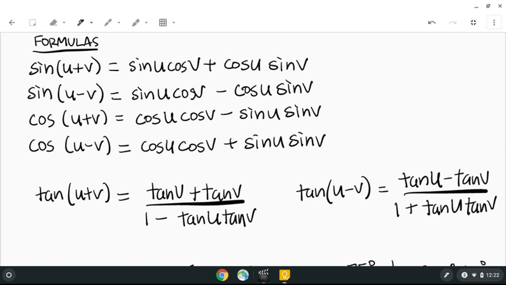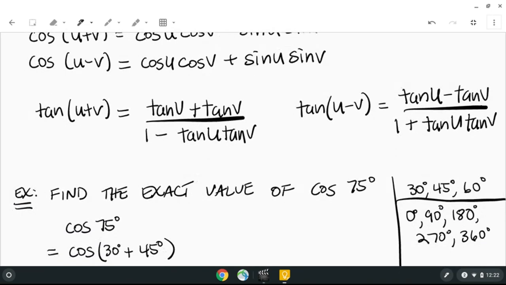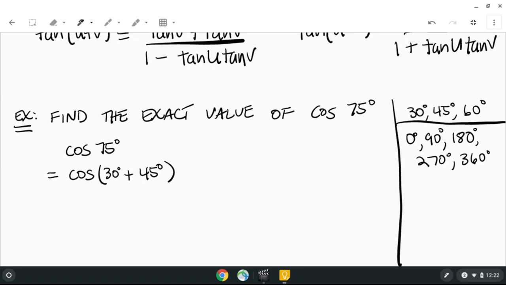So we're using cosine of u plus v now. So cosine 30, cosine 45, minus sine 30, sine 45.